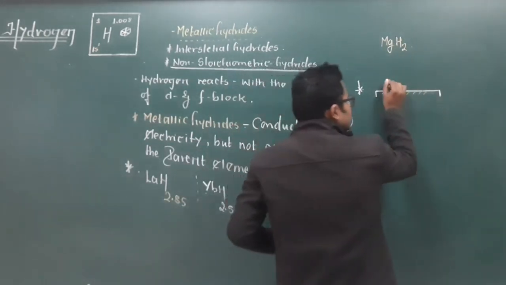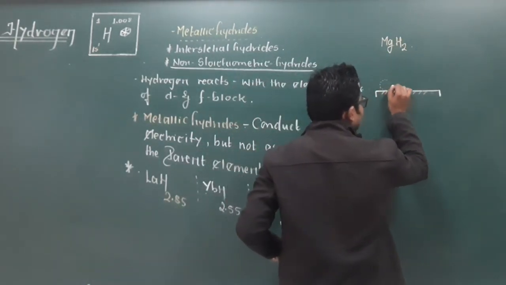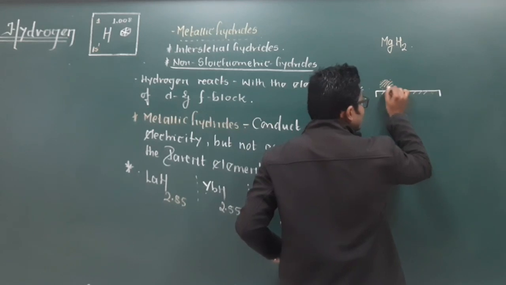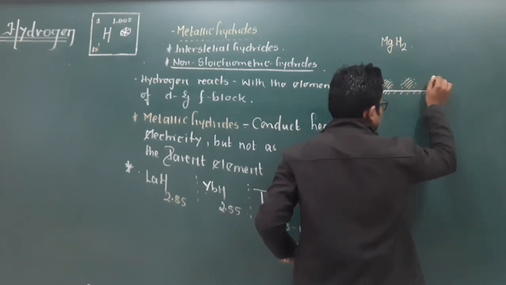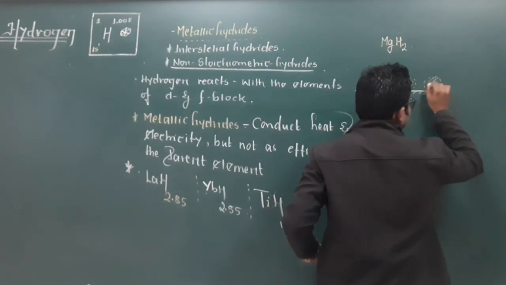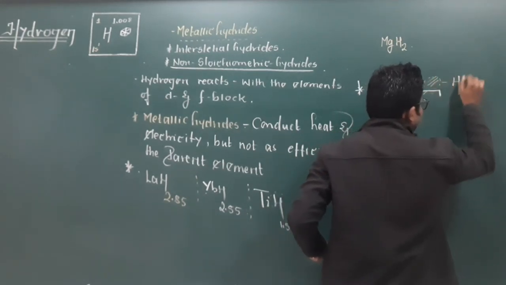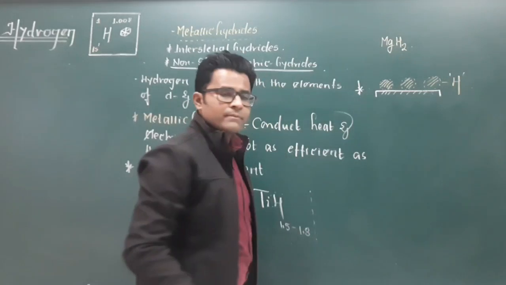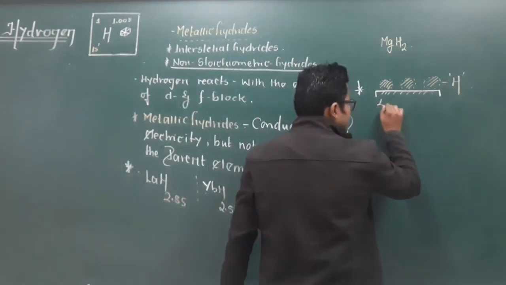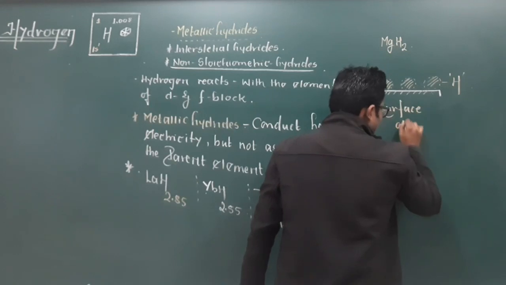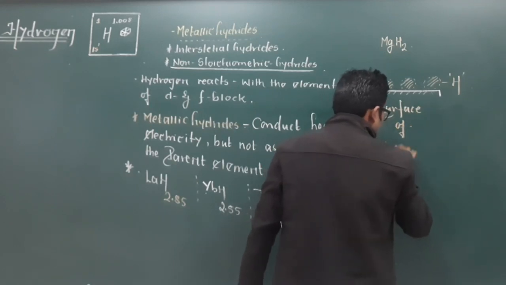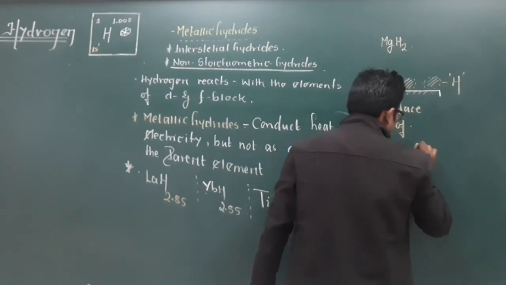Adsorb means the gases are held on the surface of these metals. So these are, let's say, the hydrogen atoms, and this is, of course, the surface of the metal what we are taking a look into.